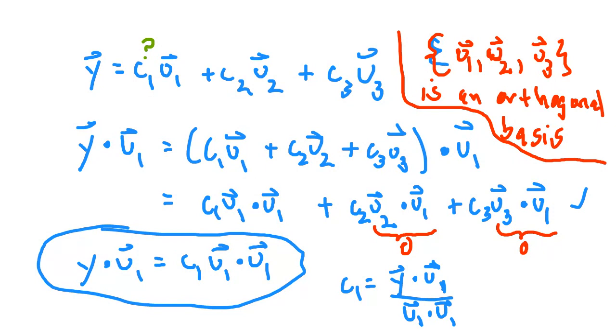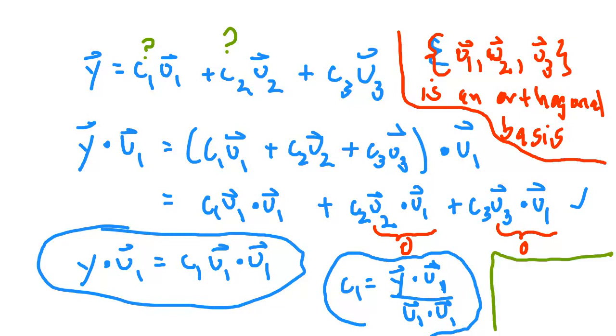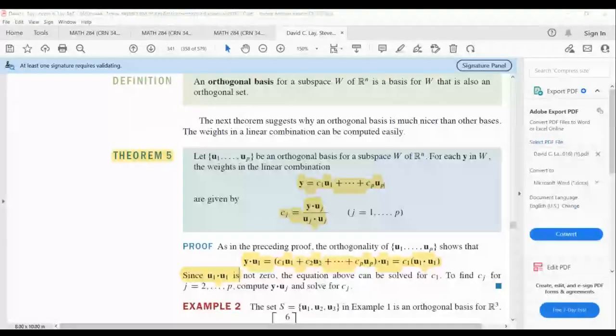That's how you get C1. Now, if you want to find C2, well, you would take the dot product of y with U2, and you do some work, and you would end up showing that C2 is equal to the dot product of y with U2 over U2 dotted with itself. Okay, so that's how this works.